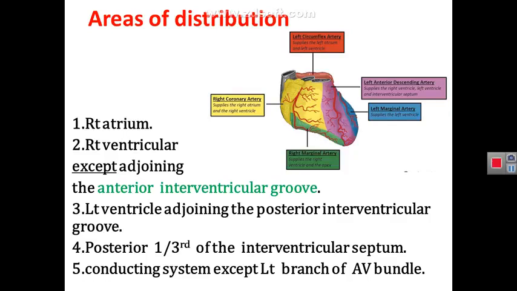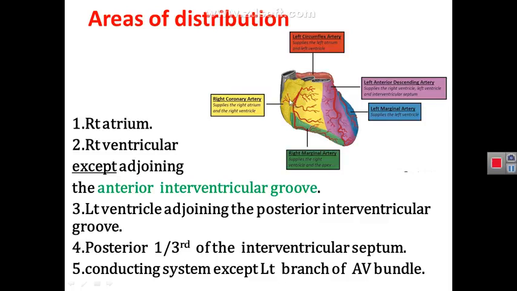Therefore, according to the branches, we can describe the area of distribution of the right coronary artery. You can see the yellow colored region here representing the blood supply contributing to the wall of the heart from the right coronary artery.